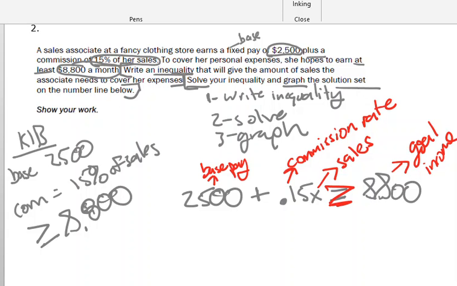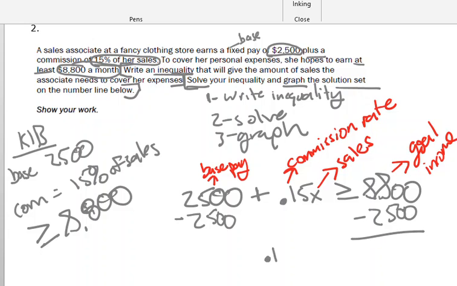Now I'm going to go ahead and solve it. I'm going to rewrite this here in the gray ink. Greater than or equal to. Okay, so I'm going to subtract 2,500 from both sides of the inequality. I'm left with 0.15x is greater than or equal to 6,300.